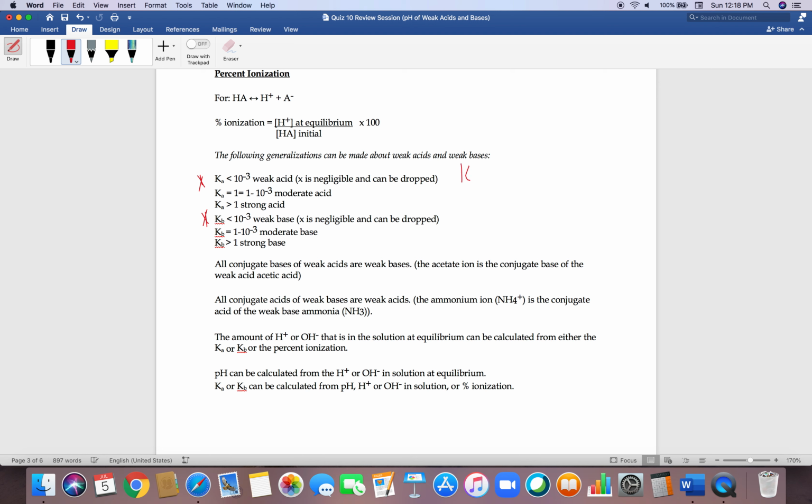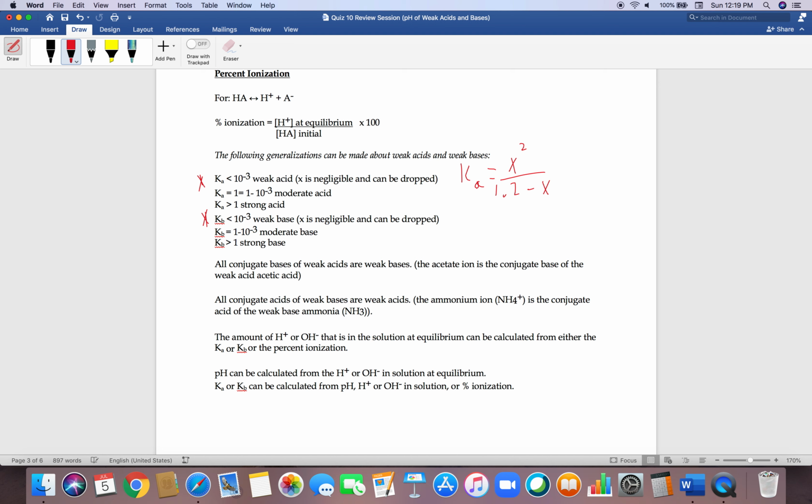Often you will encounter, when doing acid and base problems, a mathematical expression that looks something along the lines of this. You'll have a quantity squared on the top, and then you'll have some molarity, we'll call it 1.2, minus x. And we'll be looking for the hydrogen ion concentration, which is this x on top, given the Ka.